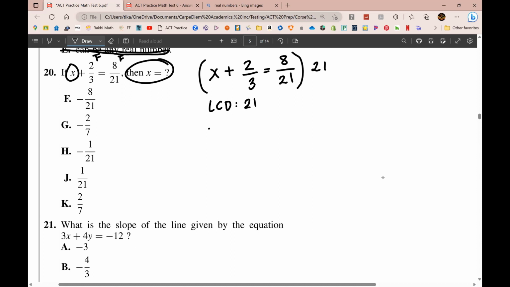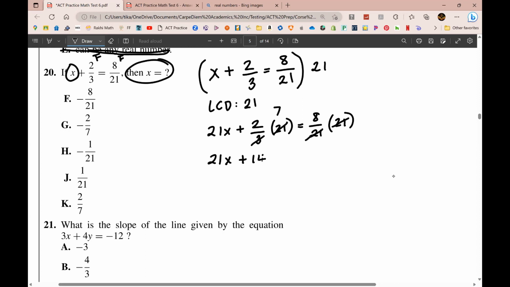So if I did that, I get 21x plus 2/3 times 21 equals 8 times 21. Okay, and this will also be multiplied by 21. Okay, so now we can simplify that. 3 goes into 21 7 times, and this just cancels out. So we have 21x plus 14 equals 8.